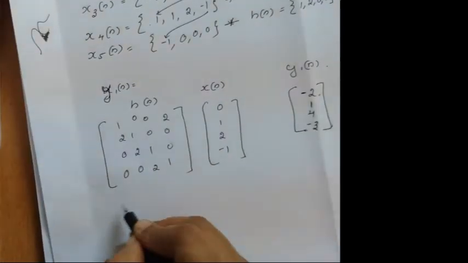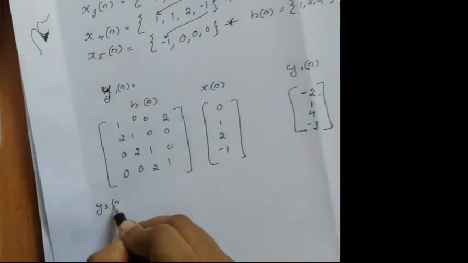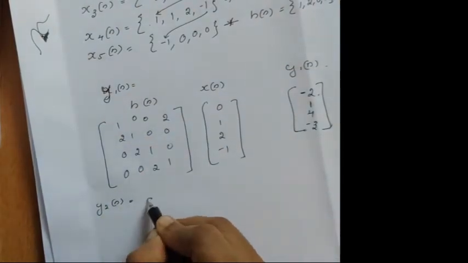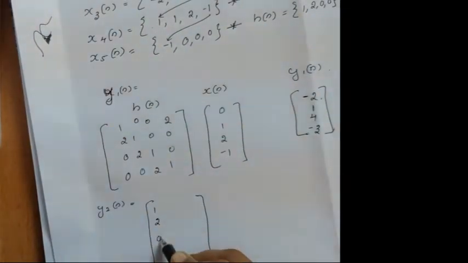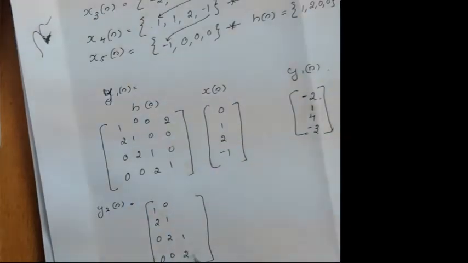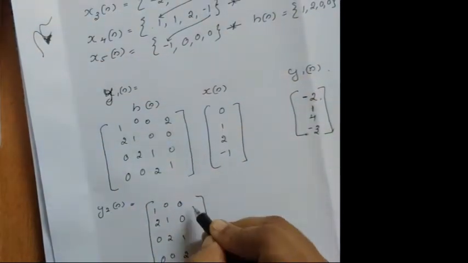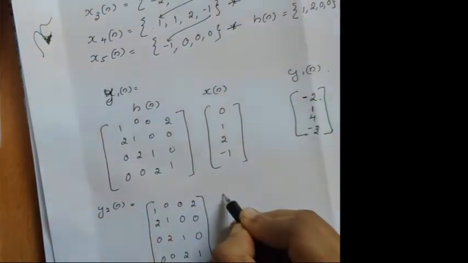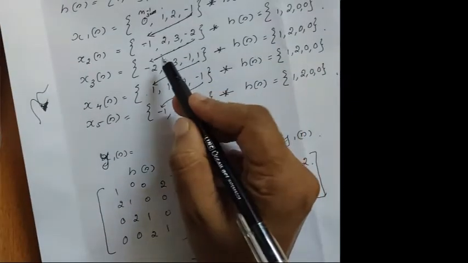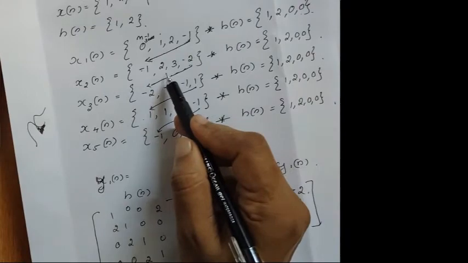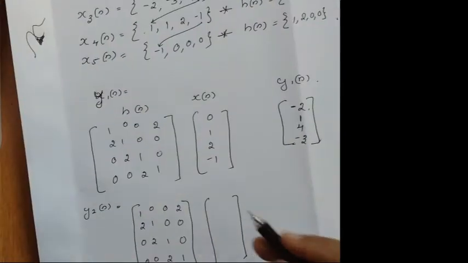So remember, next is y2 of n. X of n, your next section, is minus 1, 2, 3, minus 2.